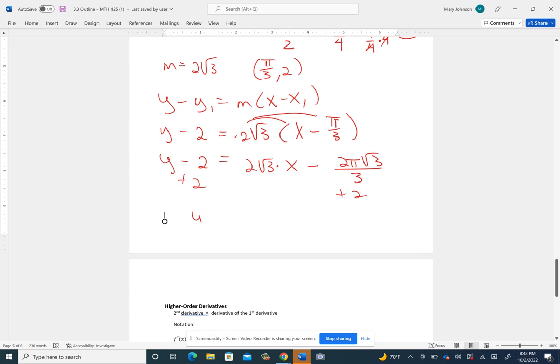Because if I add 2 to both sides, let me put the x there so it doesn't look like it's under the radical. So I have 2 times the square root of 3 times an x, so that's 2x square root of 3. And then when I add 2 to this side, think of that 2 as being 6 over 3.